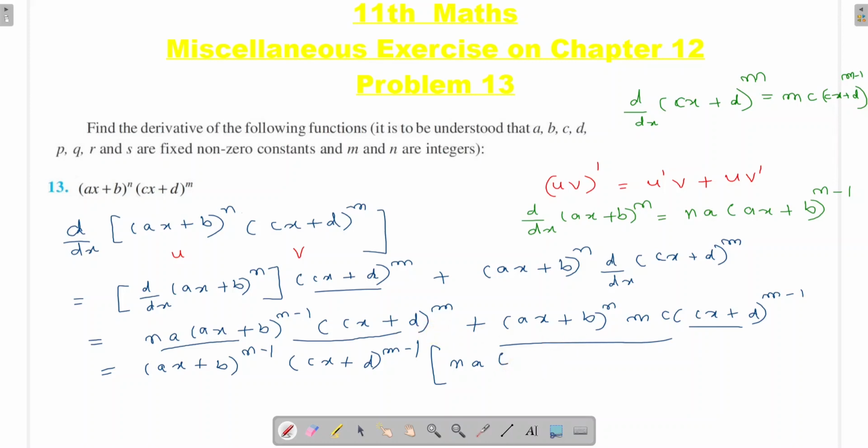Plus, from both the terms we have taken (ax plus b)^(n minus 1) common, so in this term one (ax plus b) will remain. So we write mc times (ax plus b). So this is the answer.